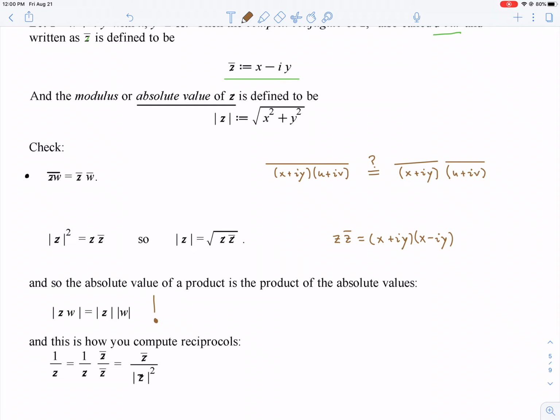If I first multiply x plus iy times u plus iv, and then take the bar, well, if I multiply them, I'll get xu minus yv plus i times xv plus yu.